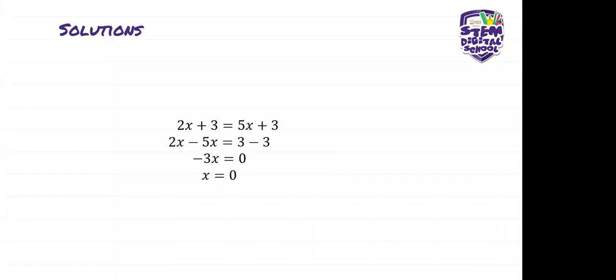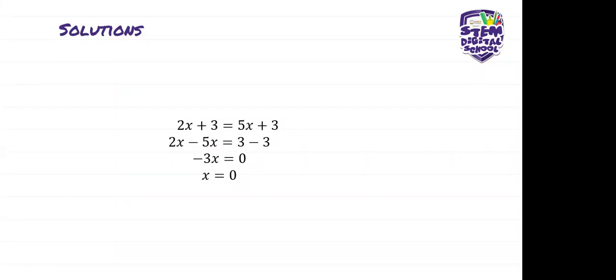Now what happened to the 5x, which we had here in the right-hand side? I've also transposed that to the left-hand side. And because it was positive, if you transpose it to the left-hand side, it will be negative. So once you cross the bridge, which is the equal sign there, once you go to the other side, you definitely have to change the sign.